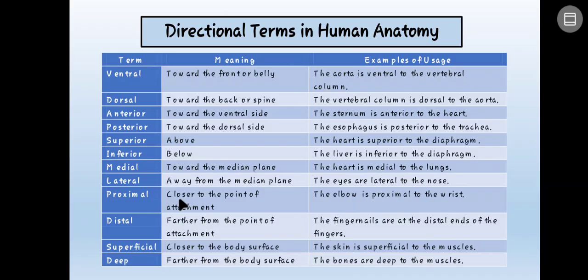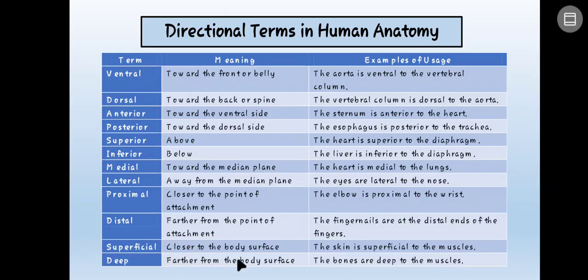If you say something is distal, for example the fingers are distal to the shoulders, it means it's further away from the point of attachment. So proximal means closer to the point of attachment, and distal means further away from the point of attachment.